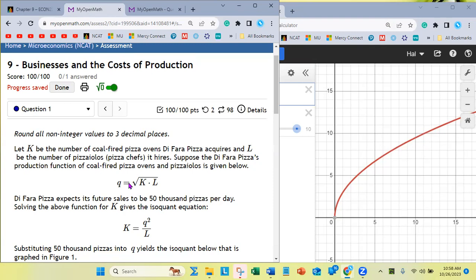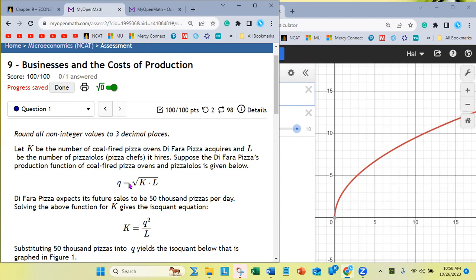So what we're going to do instead is we're going to make the assumption that DeFara Pizza expects its future sales to be 50,000, right? So if we assume output is given at 50,000 per day, we want to build our business so that we meet that expected future demand.